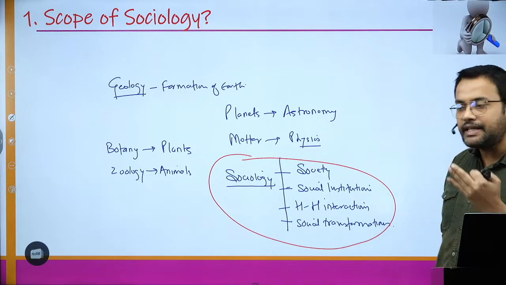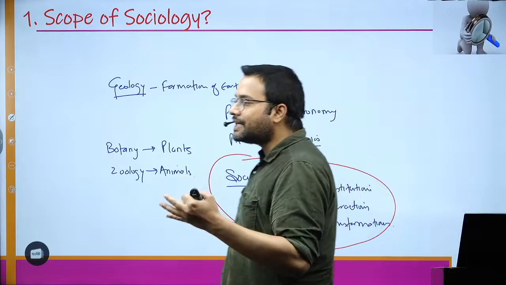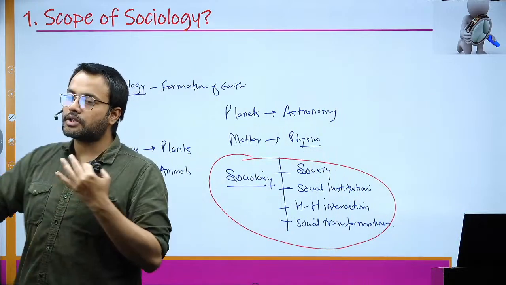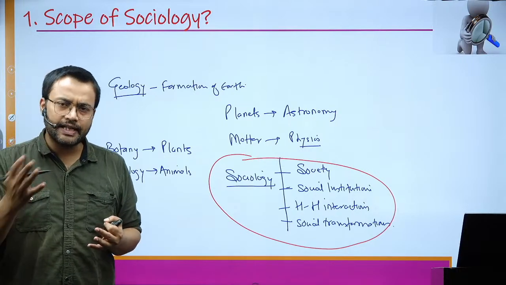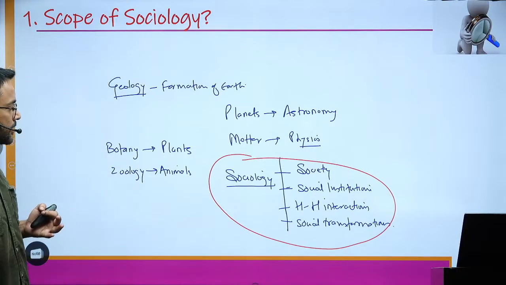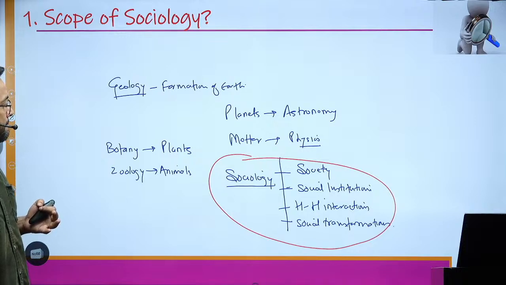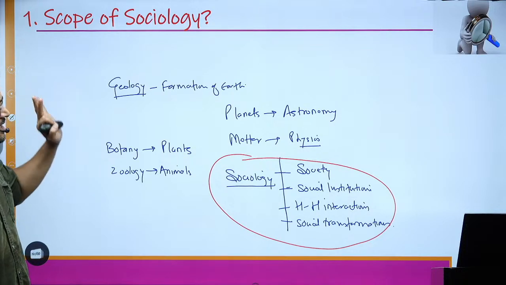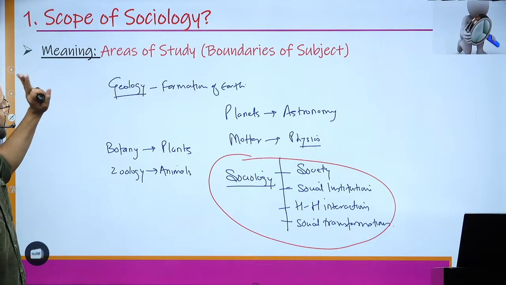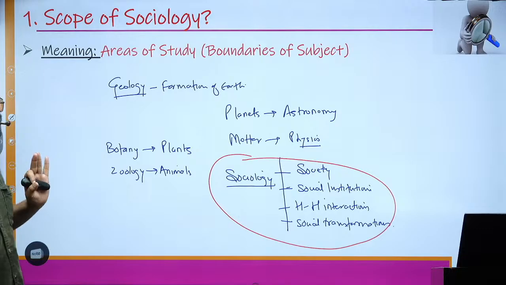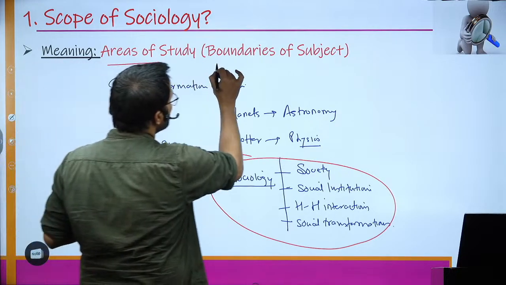Some were celebrating modernity, and others were reflecting on it in a negative sense, like Karl Marx, Joseph de Maistre, Louis de Bonald, that I talked about earlier. So this is, in very simple language, what the scope of sociology is. Here you can say the areas of study, the boundaries of the subject. The scope means areas of study or the boundaries of the subject.